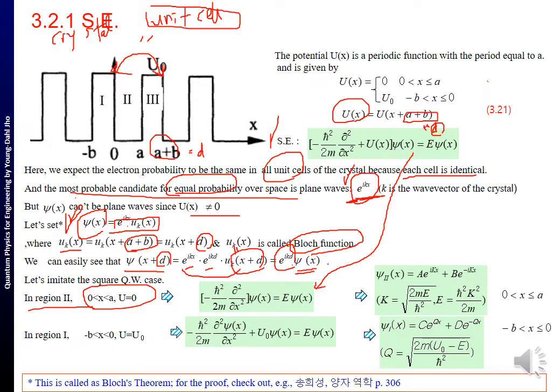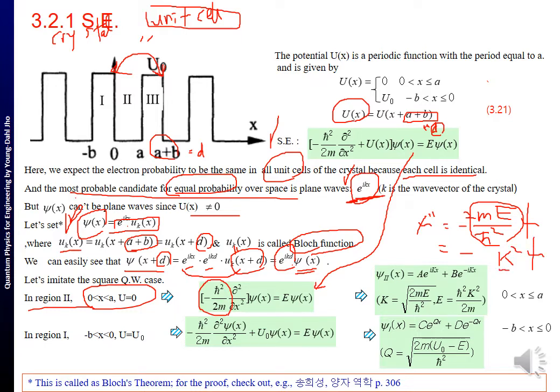Here, as we did before, we divide both sides by minus h bar squared over 2m, and we will have psi double prime equal to minus 2mE over h bar squared times psi, and here this coefficient we will set to be large K squared.